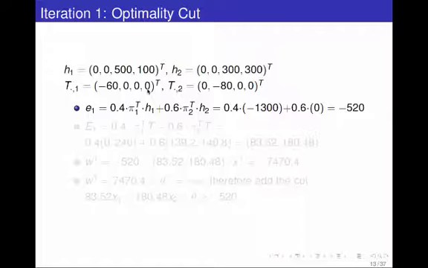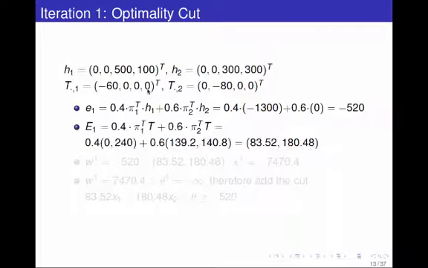So when you do pi 1 transpose with h1, you have 0, 0, 500, 100. So 0, 0, 0, and minus 13 times 100. That's the minus 1300 here. You also do the other inner product, and you get minus 520. That's your little e parameter. Similarly for the coefficient matrix.